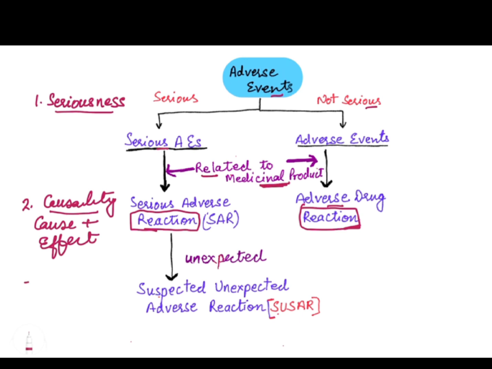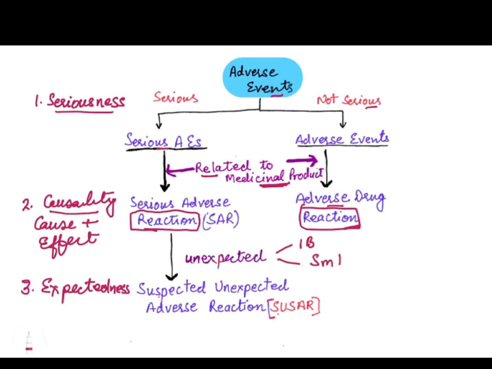Now the third criteria is expectedness. Expectedness is that in a clinical trial we already have the investigator brochure or information, the SmPC, right, the summary of medicinal product characteristics.